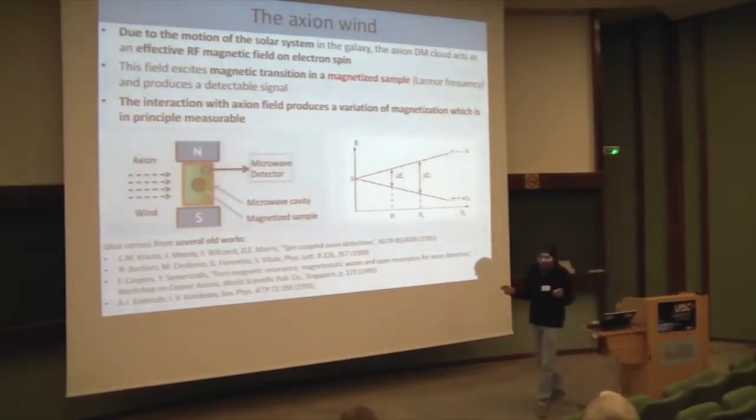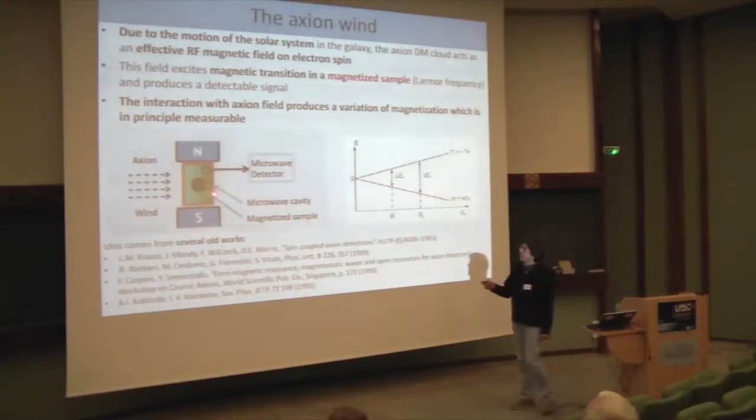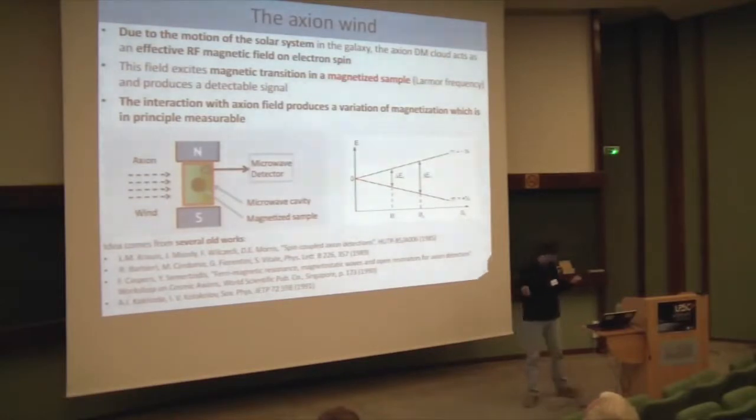Since we need interaction with electron spins, you need matter. And since you have to look for interaction with the spin, normally you can do this if you have some matter that you can magnetize. You can magnetize this matter through an external magnetic field.